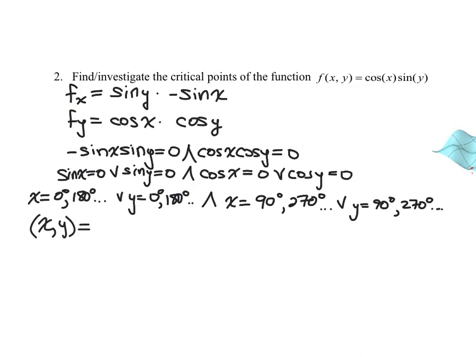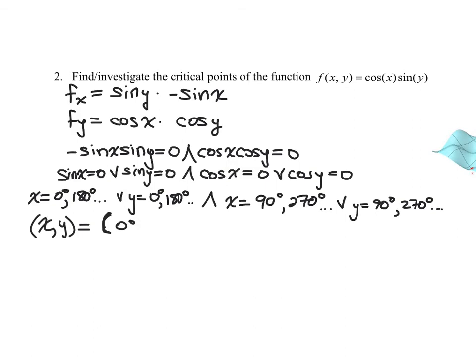Because if I take the 0 for x, that's going to zero out my first equation, but it won't zero out my second equation. So then I look to my y's, the y's that would make this one zero out, because it doesn't matter what y is here, because the fact that x is equal to 0 already zeroes out this whole shebang.